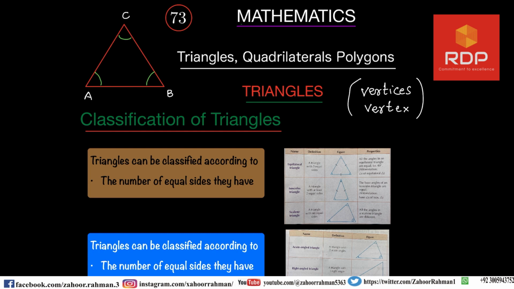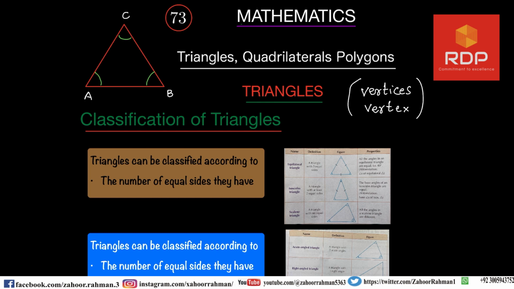Ladies and gentlemen, because we started the concept of triangles first, we will take an in-depth look at this concept. Let us first categorize the triangles. Triangles can be classified into two categories.